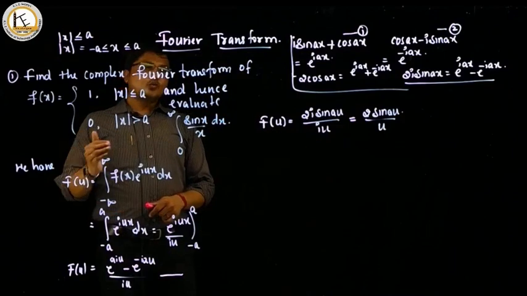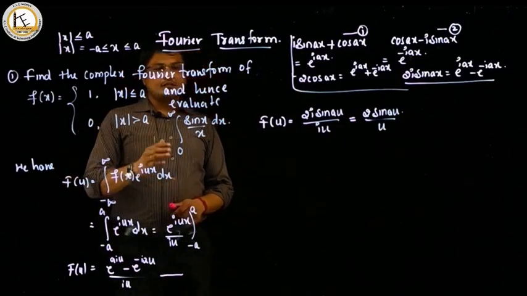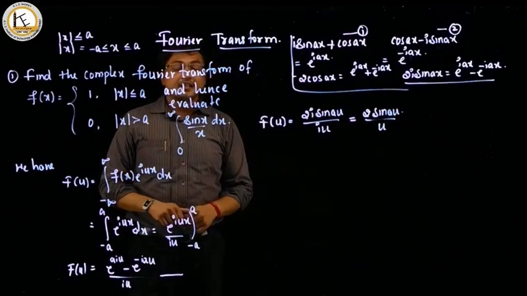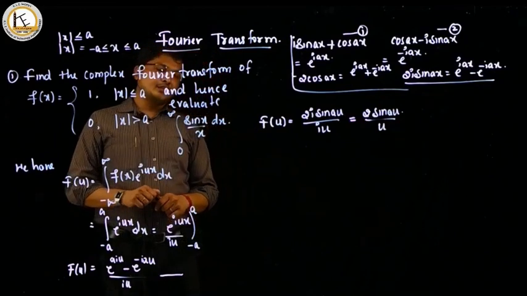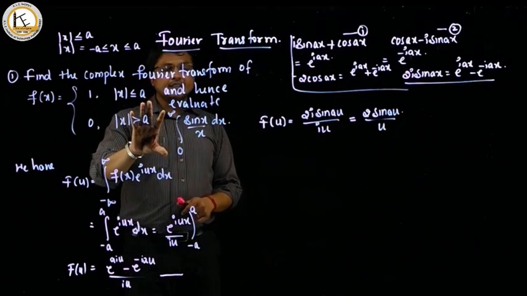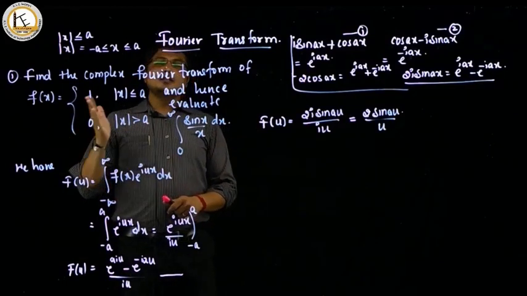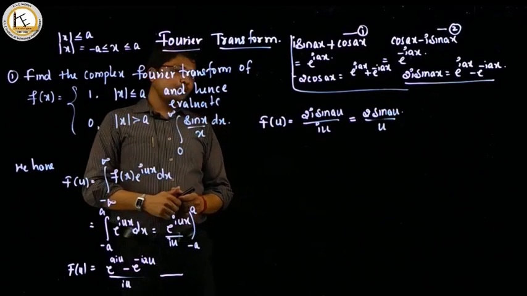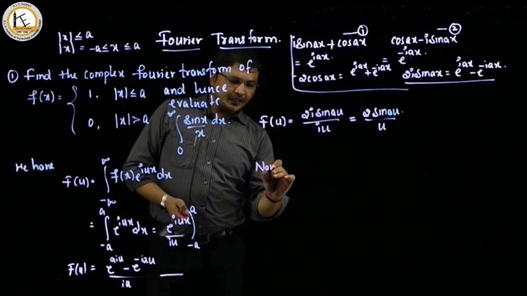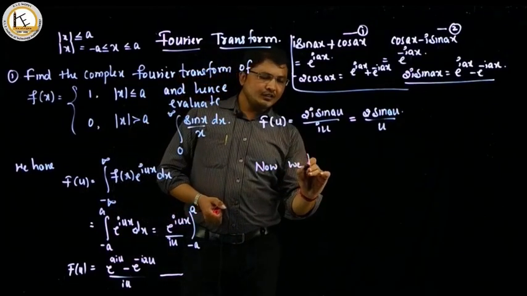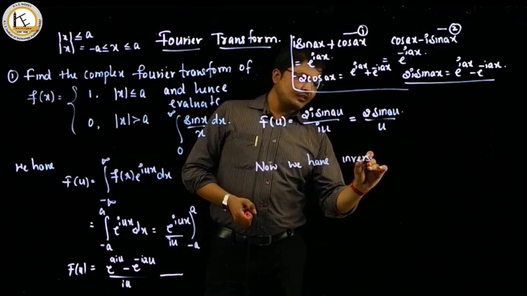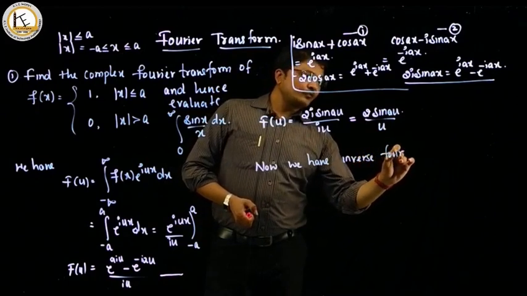In a similar way, now we need to evaluate this integral, the integral from 0 to infinity of sine x upon x. This second part, the evaluation of the integral, is done by the inverse Fourier transform formula.